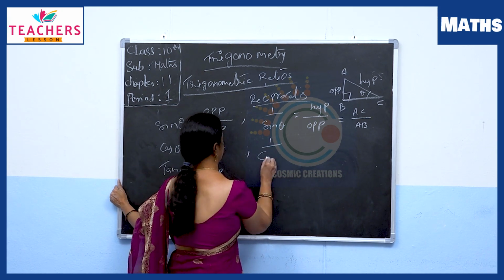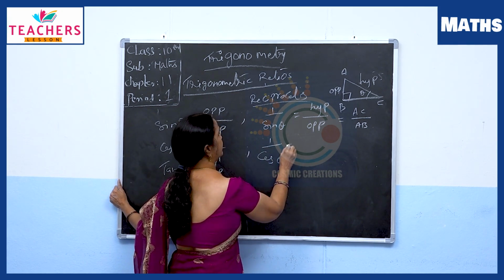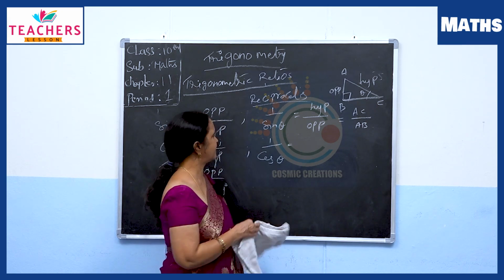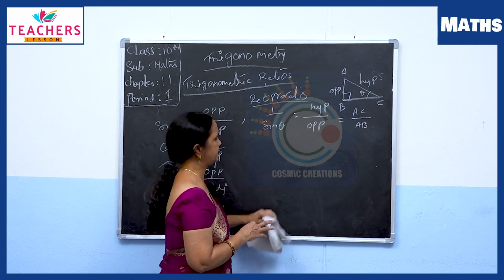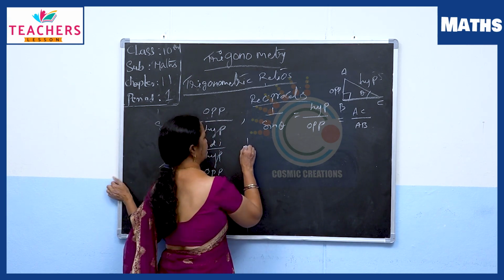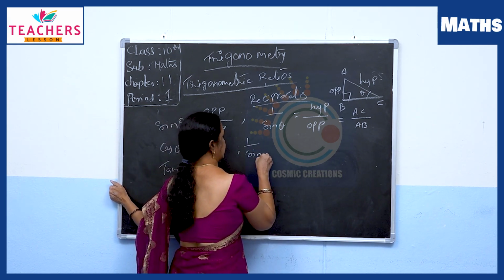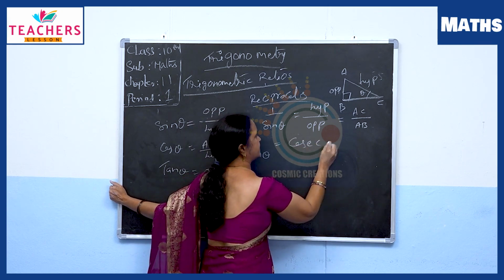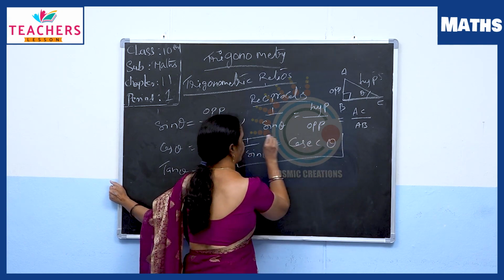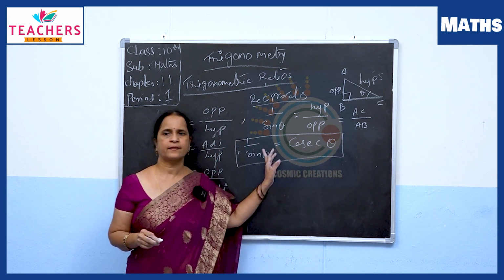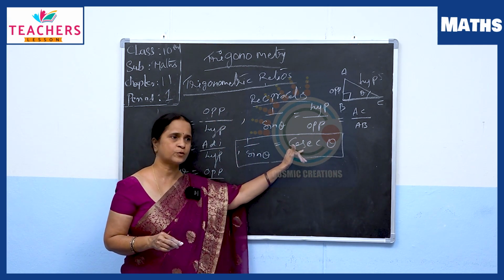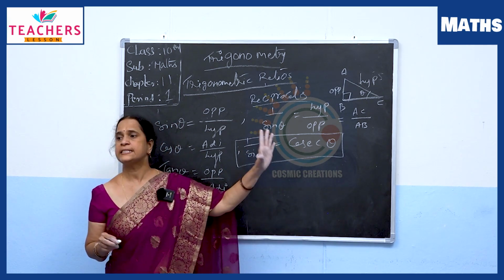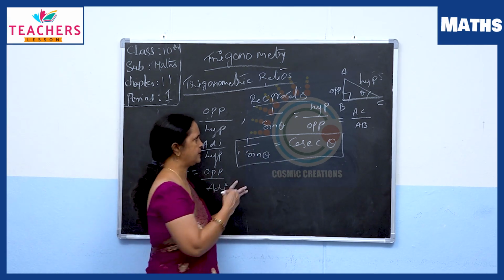Reciprocals are very easy. What is the name for 1 by sin theta? We don't always write 1 by sin theta. It is referred to as cosec theta. 1 by sin theta means cosec theta. Whenever cosec theta, this is the reciprocal of sin theta. You have to just remember it in such a way.